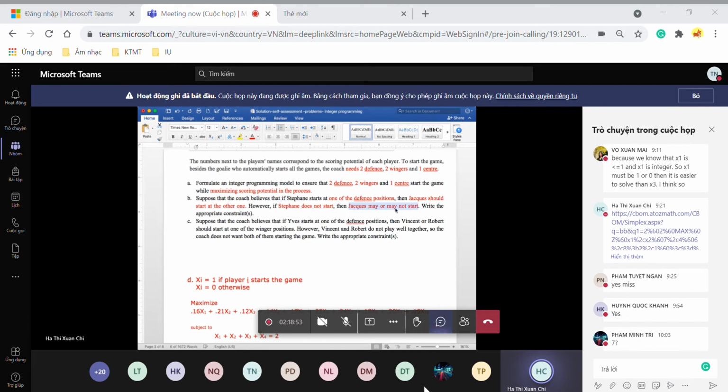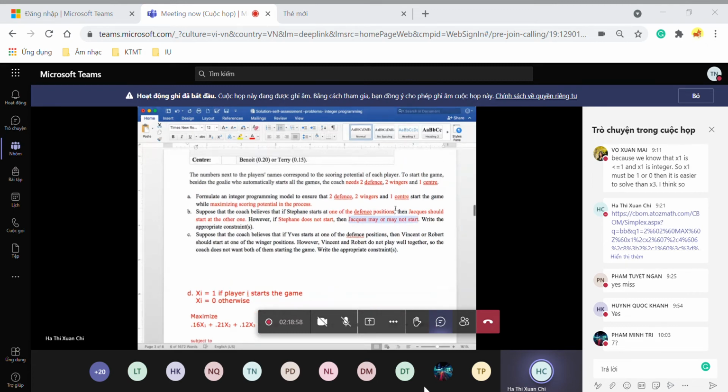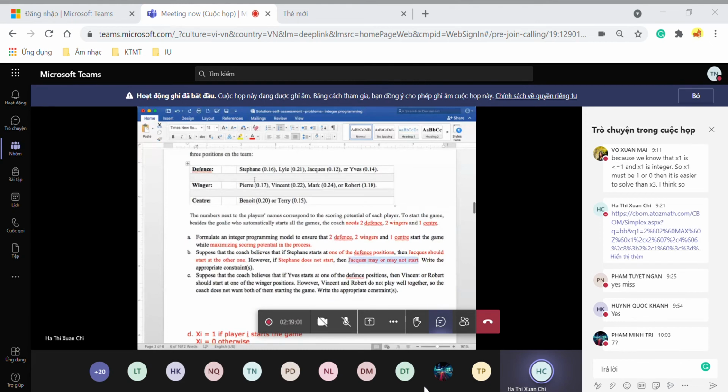Write the appropriate constraints. So here Stephen is x1, right? Chuck is x3. So what is the relationship between x1 and x3? If that happens, that will happen. How can we write that, everyone? Remember?